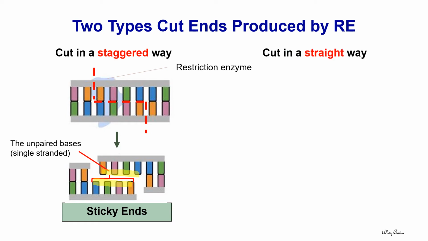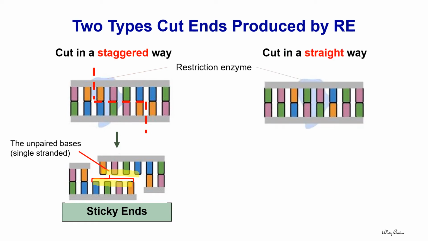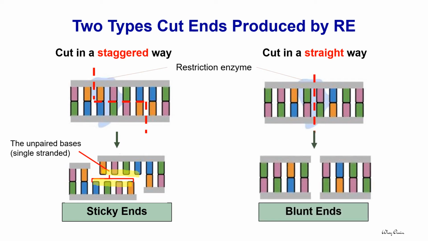Another way is the straight way. When the restriction enzyme identifies its restriction site, it will cut in a straight line and produce DNA with blunt ends. Blunt ends means now no unpaired nucleotide bases are shown in the cut open part, or we say no overhangs found.